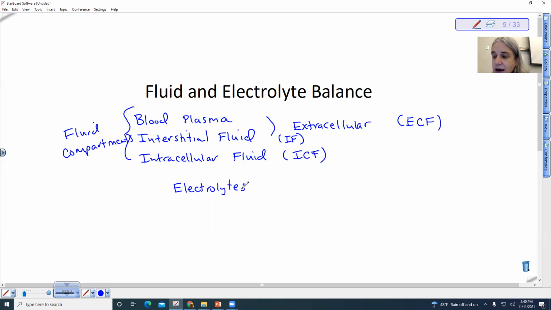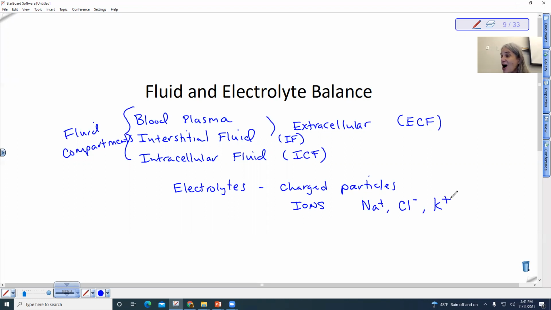So these electrolytes are charged particles, and if you put electricity through them, that would travel through these charged particles. These charged particles sometimes are ions. They could just be simple atoms that have a charge. For example, they could be sodium, they could be chloride. K is actually potassium.